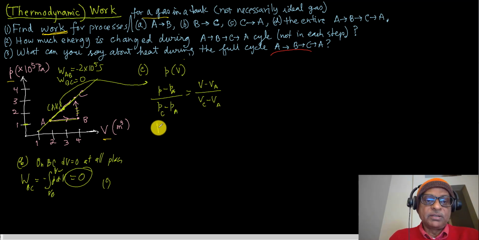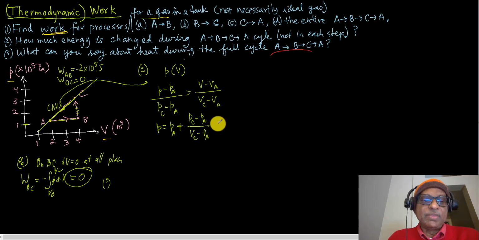So this is going to be P equals PA plus PC minus PA over VC minus VA times V minus VA.